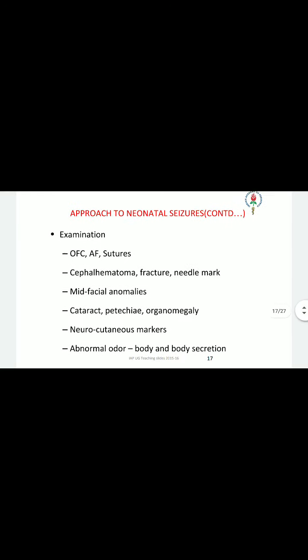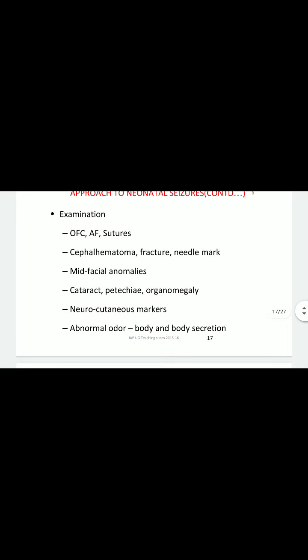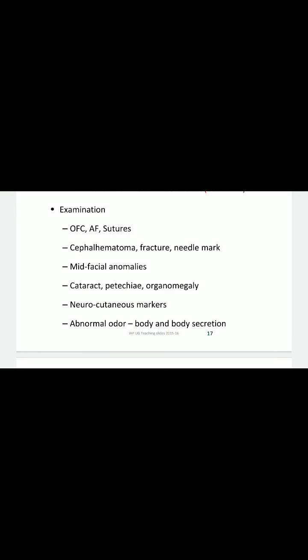Approach to neonatal seizures, continued. On examination, head circumference, anterior fontanelle, and sutures to be seen. If the sutures are widened, probably hydrocephalus. Anterior fontanelle, if it is bulging or tenting, it is meningitis. And increased head circumference is seen in hydrocephalus.